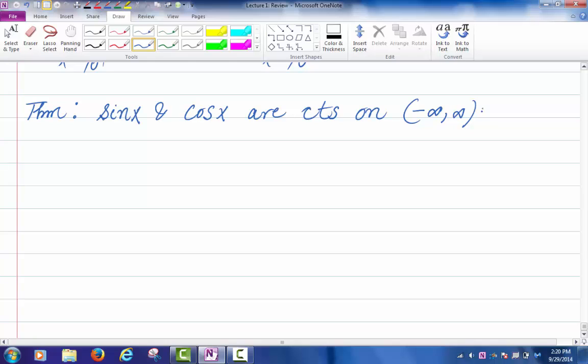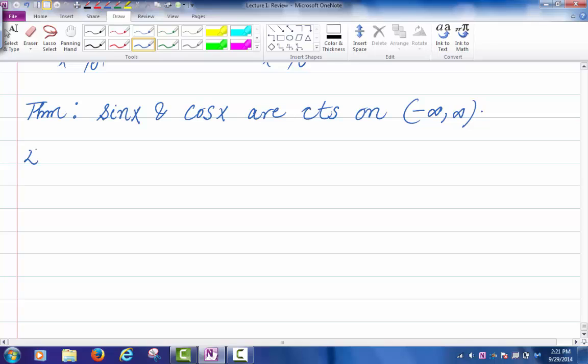But it should be intuitively clear to you. You should know the graph of sine x and cosine x. If you look at the graph, it is continuous everywhere, okay? But that's not really a proof. There is a rigorous proof why these are continuous, but you can just assume they are.